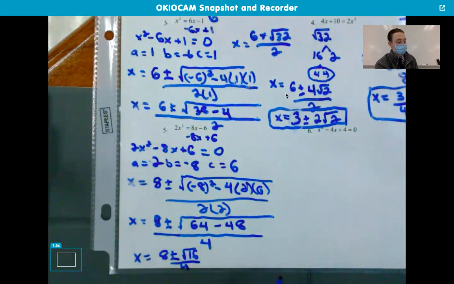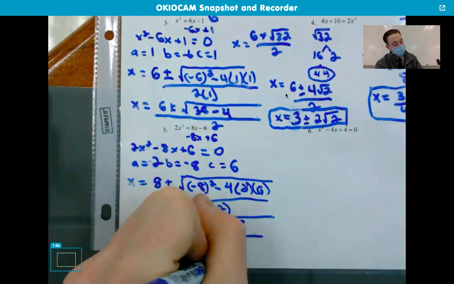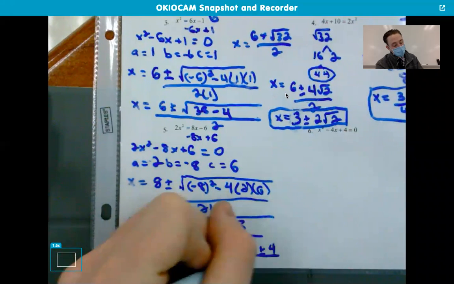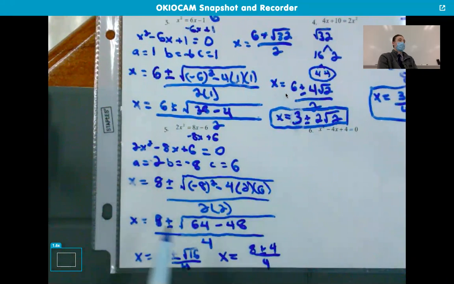Four. So you have 64 minus 48, that gives you the square root of 16. And the square root of 16 is 4, so you have 8 plus or minus 4 over 4. What do I have to do from this point? Because now I've gotten rid of my square roots, right?